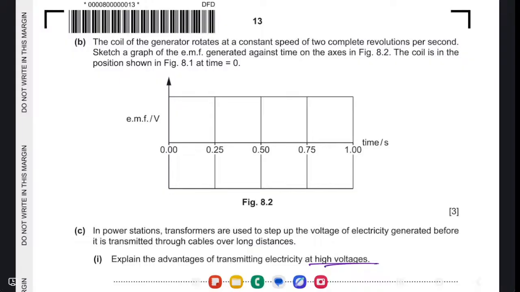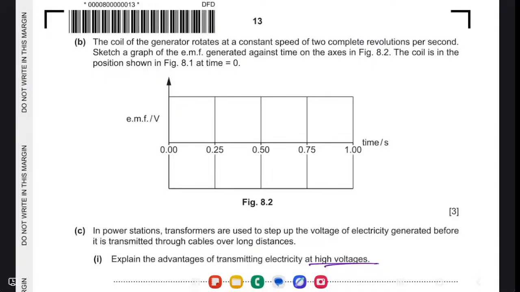You should know the biggest question that you should ask is, when is induced EMF maximum and when is induced EMF zero?